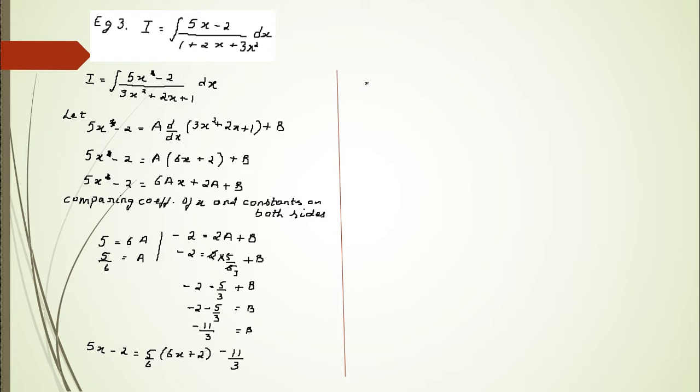Now I can rewrite this as I is equal to integral 5 by 6 into 6x plus 2, minus 11 by 3, whole divided by 3x square plus 2x plus 1, right, dx.